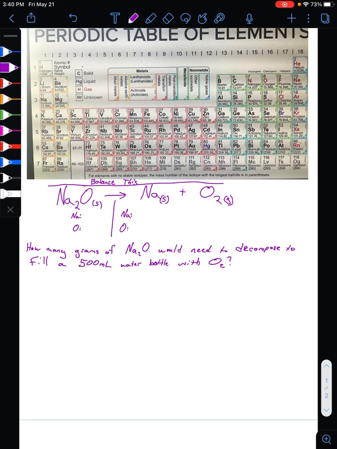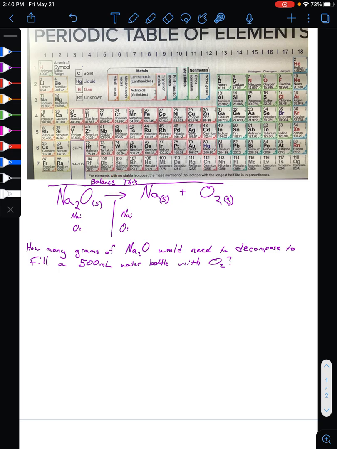So in this problem, what do we have? First thing to notice, we've got a decomposition reaction where sodium oxide, I'm using an ionic name because this is a metal and a nonmetal, so sodium oxide decomposes to form sodium and oxygen. So we'll need to balance this.